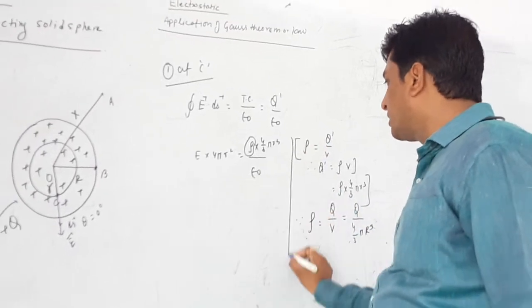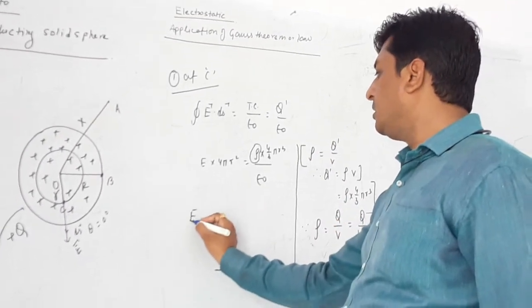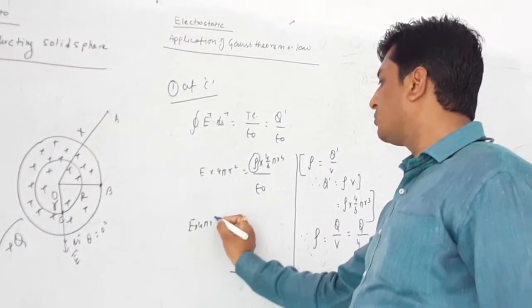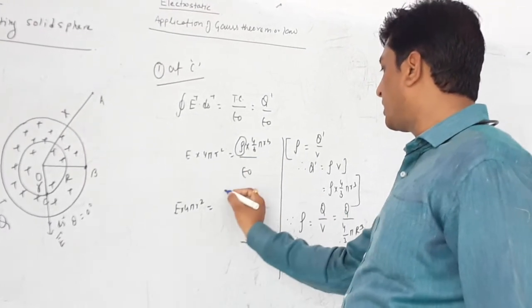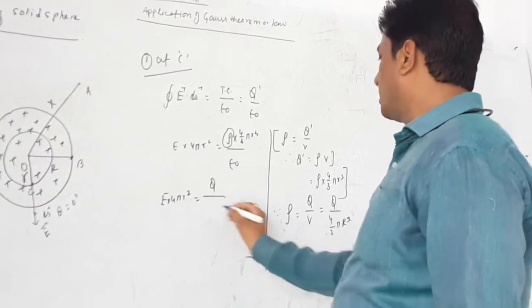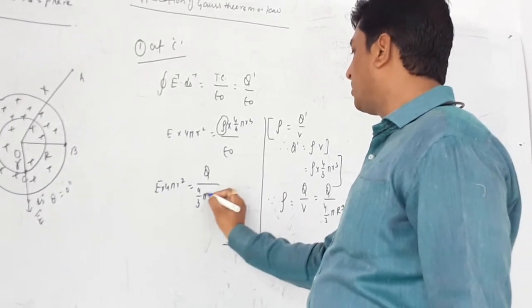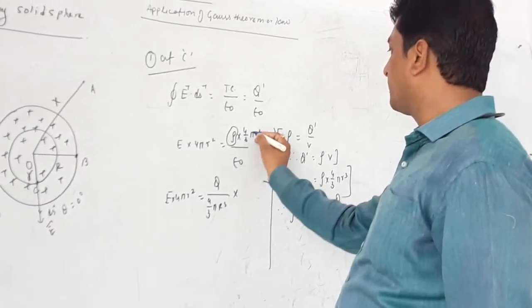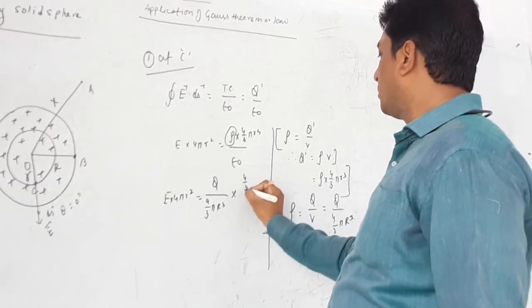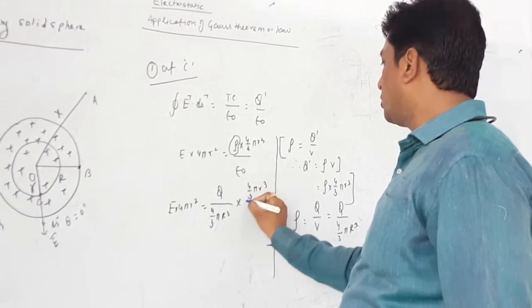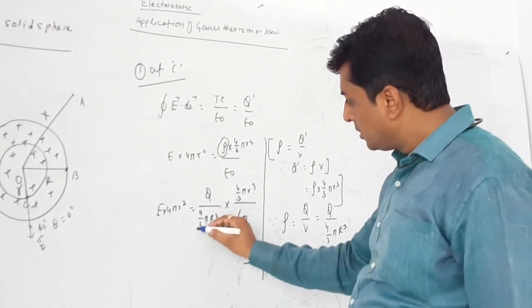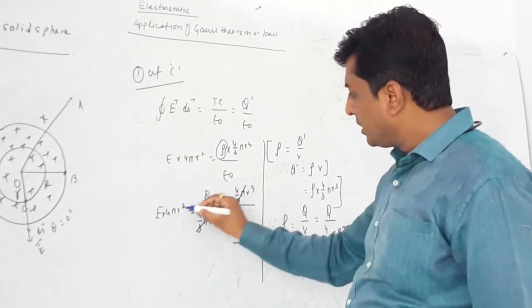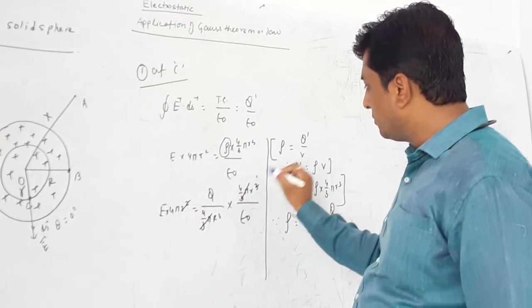In this way you can write E into 4 pi small r square equals, in place of rho you will write q upon 4 upon 3 pi capital R cube, into 4 upon 3 pi small r cube, divided by epsilon naught. Now solve this, this will cancel out and r square will be only 1 here.